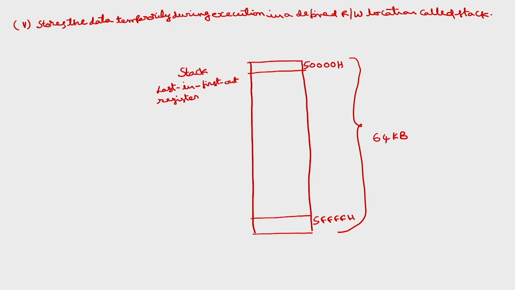Suppose the data is filled from here, with some 32H, some 52H, 55H, some FFH, and so on, up to here where the data is full.